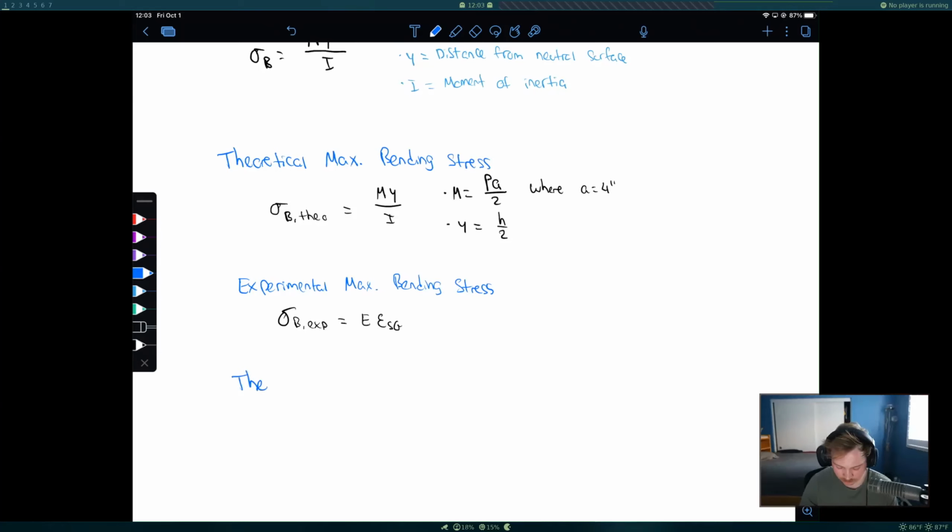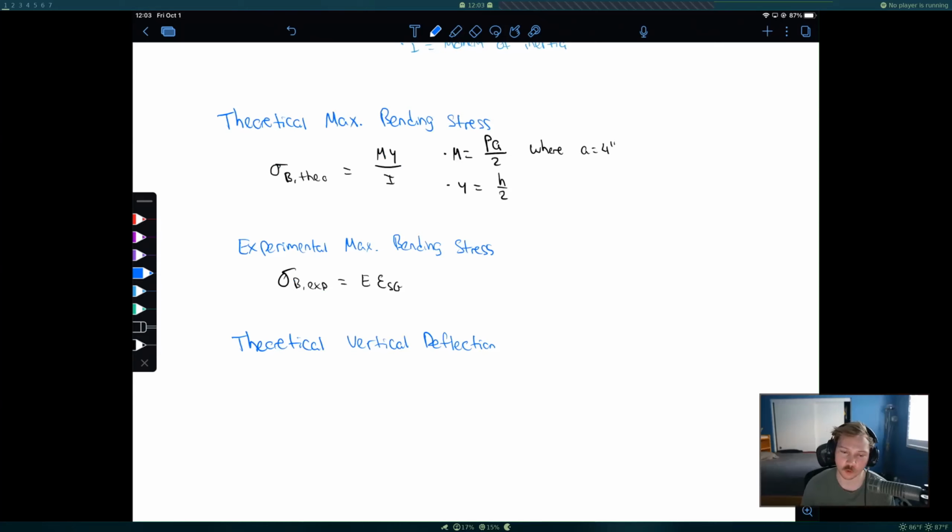Okay, so the next thing is going to be the theoretical vertical deflection. All right, so here we have a formula for this as well. There's not going to be a derivation for this one, so I'm just going to write out the formula. And this almost looks like an empirical equation, but it's not.